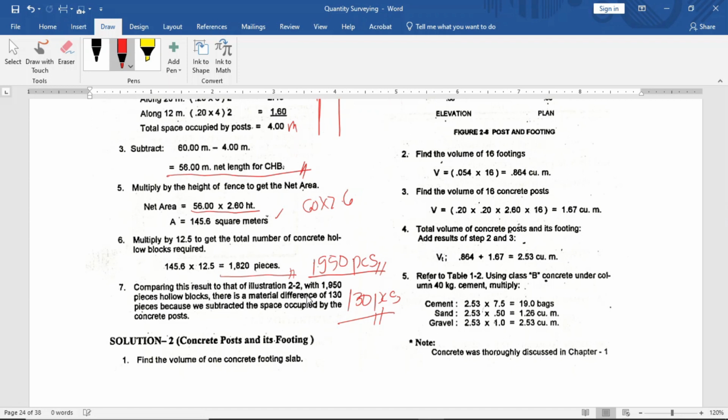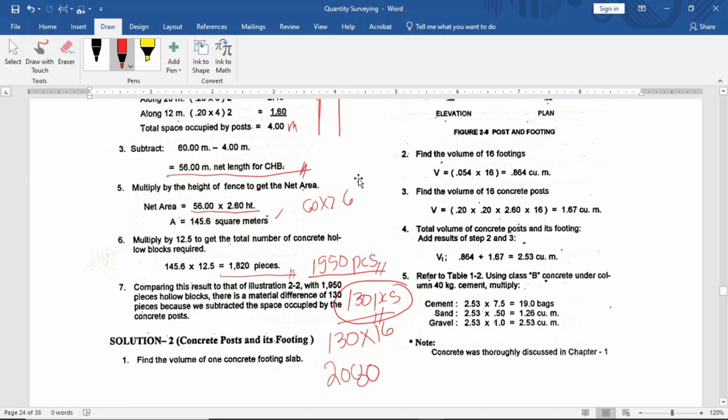So, kung hindi nga natin consider yung columns, may lagpas tayo ng 130 pieces na CHB. Kung 130 pieces yan, kung magkano na CHB ngayon, times 16. So nasa 2,880 pesos rin yung nawala sa atin.